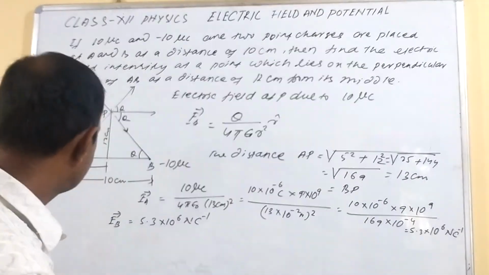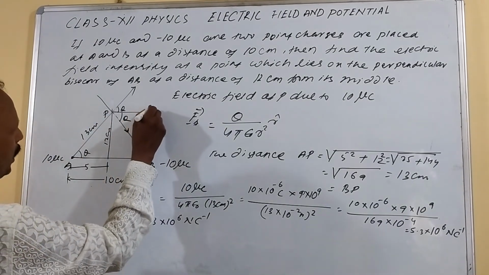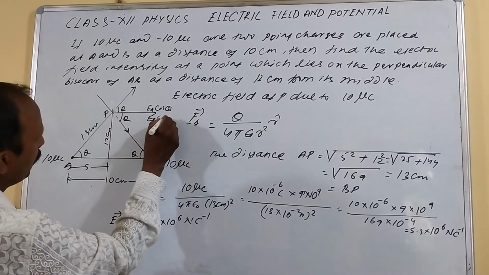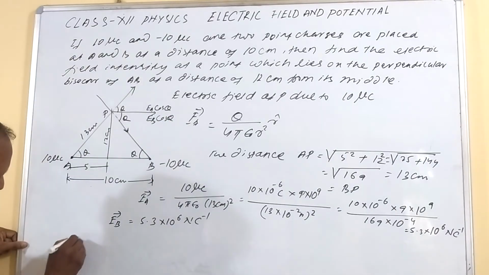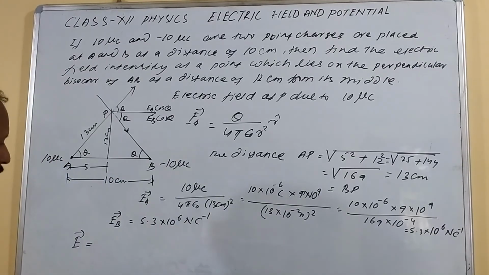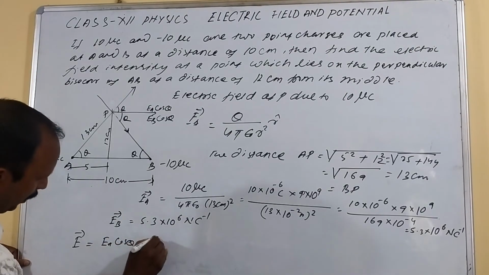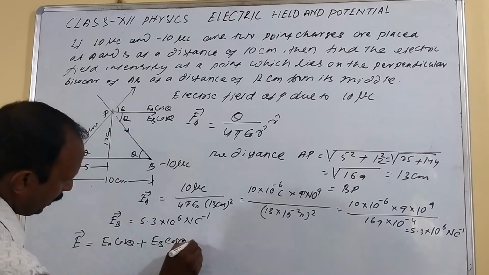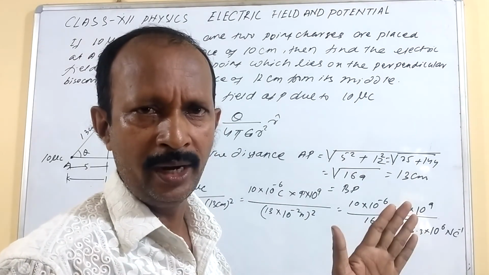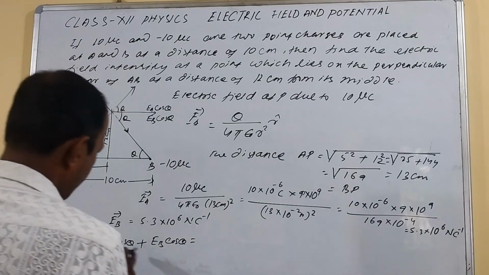So I can say that the resultant field is due to EA cos theta and EB cos theta. So the resultant field at the point P is equal to EA cos theta plus EB cos theta. But the fields at point P due to charge A and charge B are both equal, so I can take the common factor.